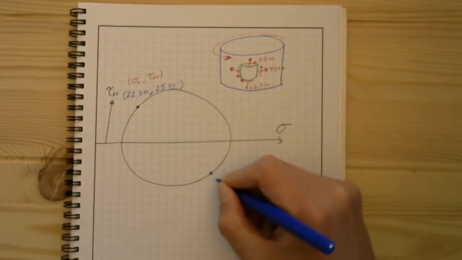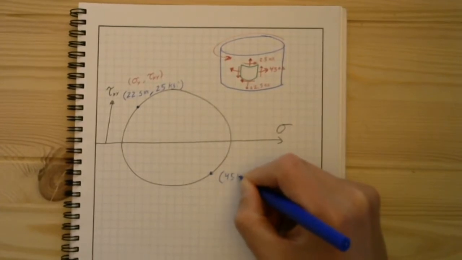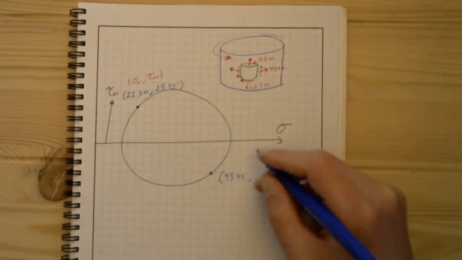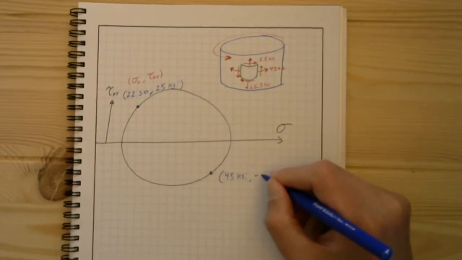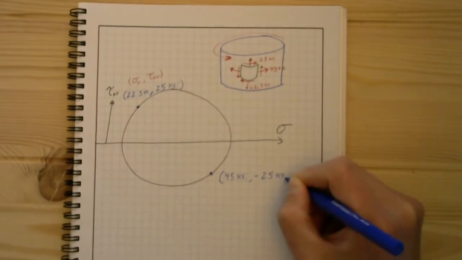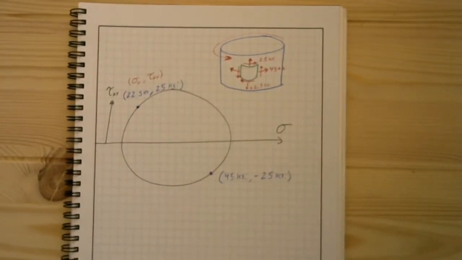And now for our other point, we have 45 KSI in the normal stress direction, negative 25 KSI in the shear stress direction.